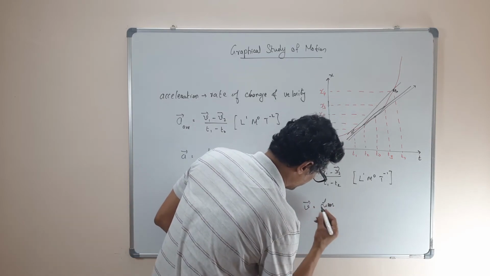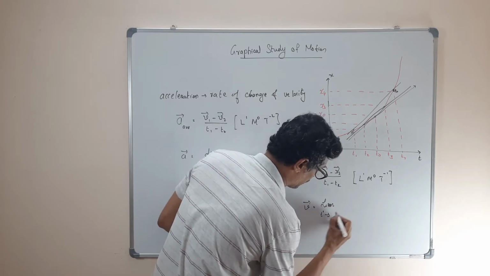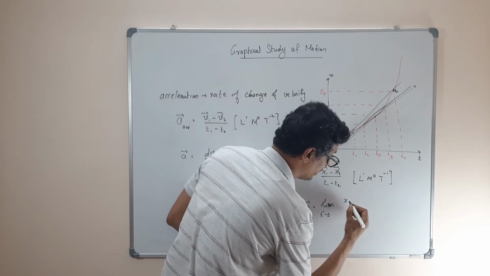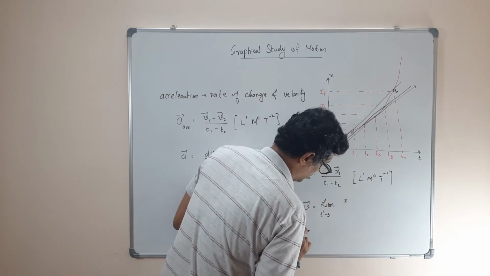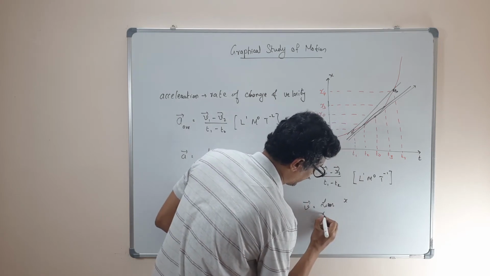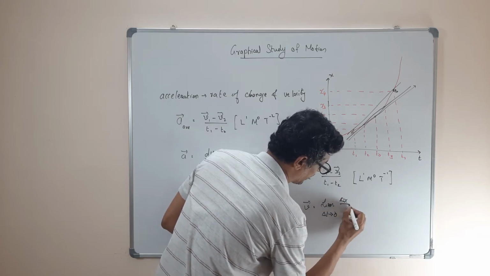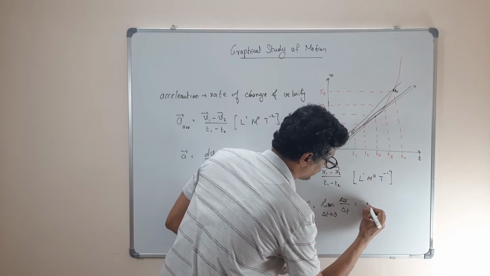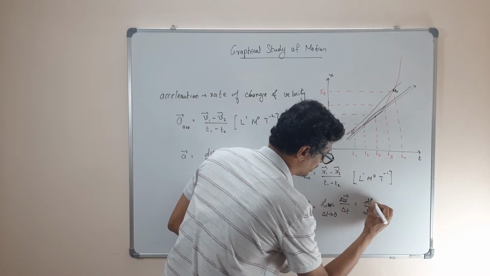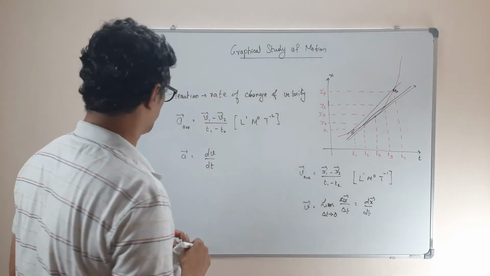Instantaneous velocity is the limit as delta t goes to 0 of delta x by delta t, and this we write as dx by dt. I wrote delta x tends to 0 earlier, which was wrong.